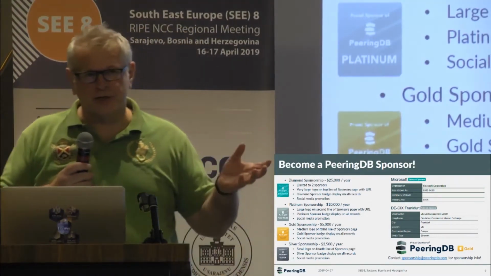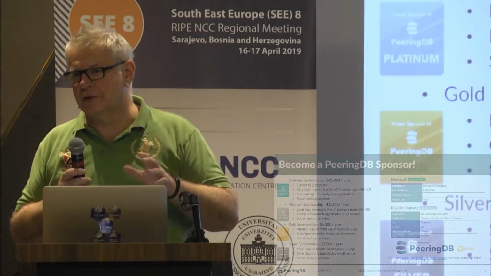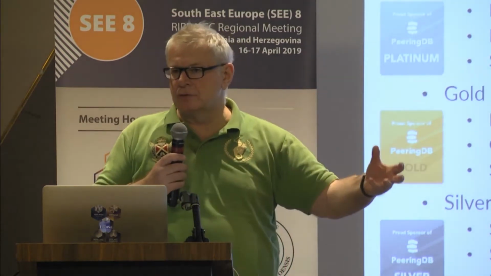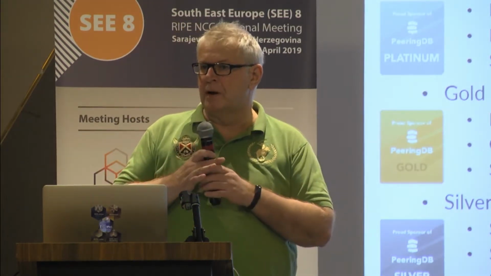And as I mentioned, the bigger networks also benefit a lot from PeeringDB because they can offload work. By saying you have to have a PeeringDB record, they do not need to compile the information, to retrieve the information manually, to look after each email, and this saves them a lot of money.